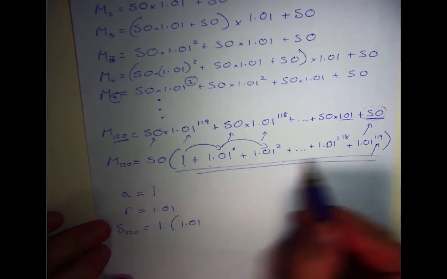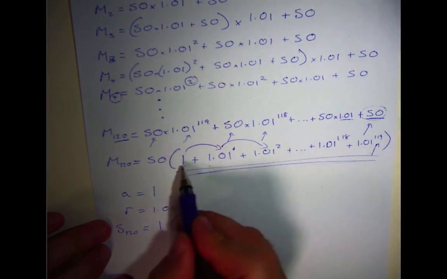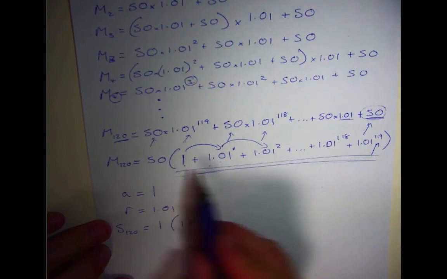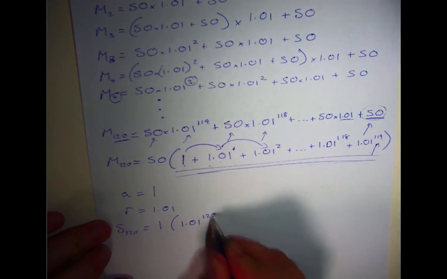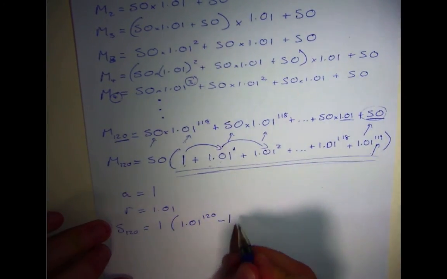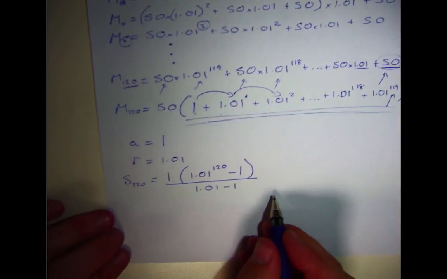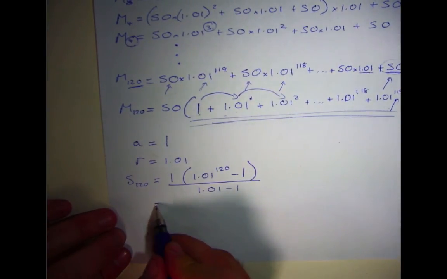There's actually 120 terms here. Okay? This is actually a bit more like the geometric series you'll be used to, with A being the starting figure of 1, and then the ratios start taking effect. So, there are 120 terms there, minus 1 over 1.01 minus 1, I'll write it out. Now, that of course will be times 50 once we work it out, but let's work it out first.